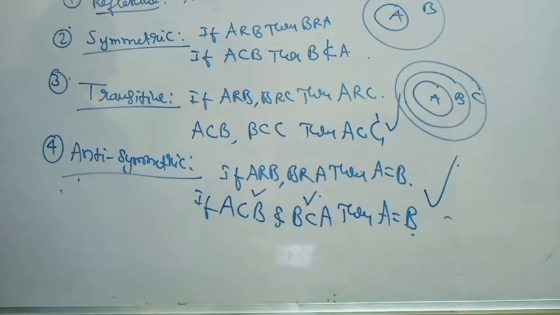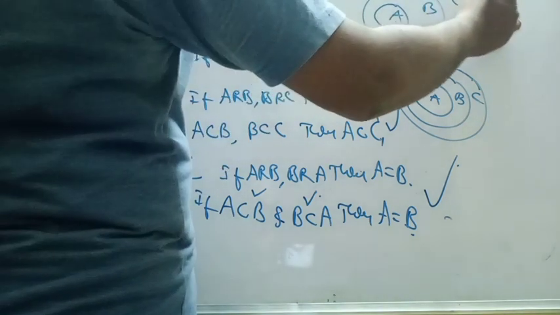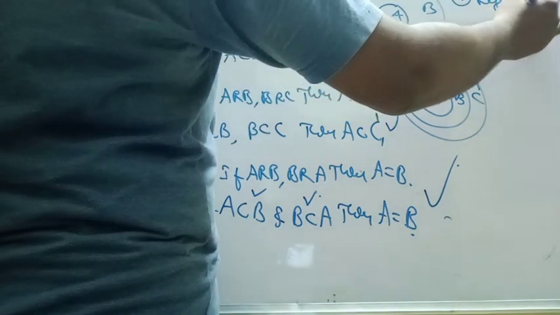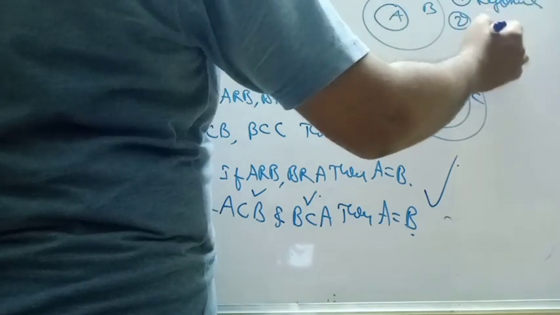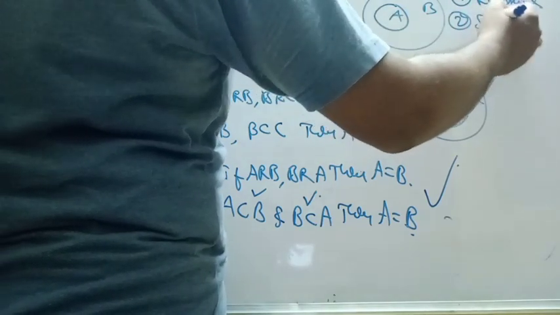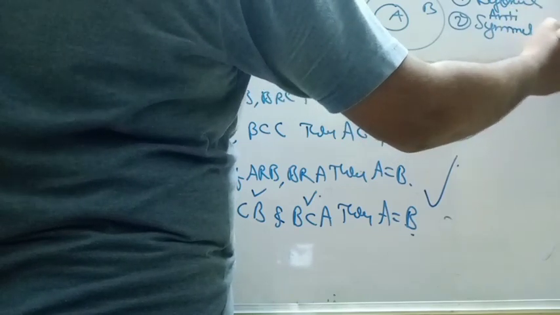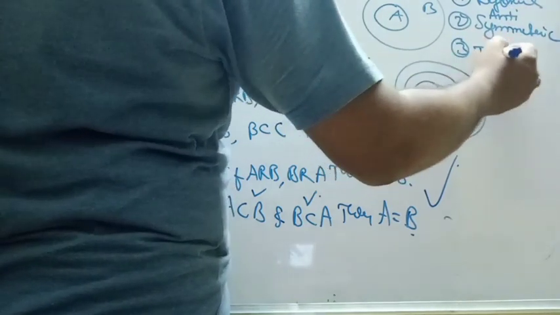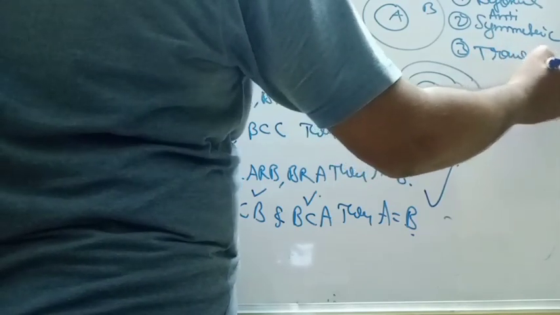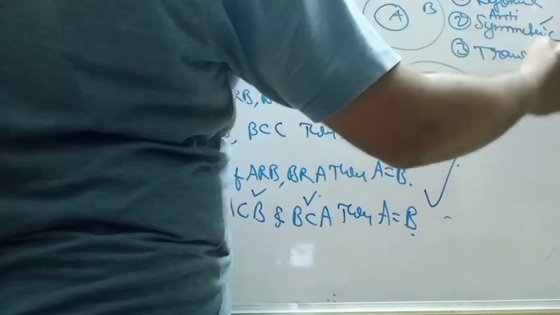Right? Therefore, my dear students, you see nicely, this relation satisfies reflexive. Number 2, it satisfies anti-symmetric. Number 3, it satisfies transitive. It satisfies reflexive, anti-symmetric, transitive.